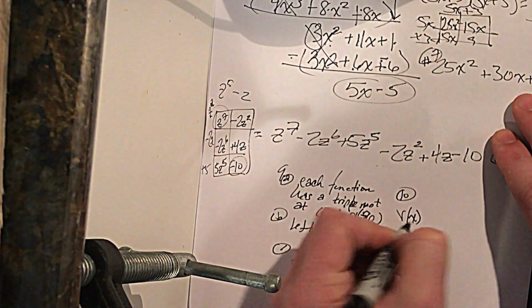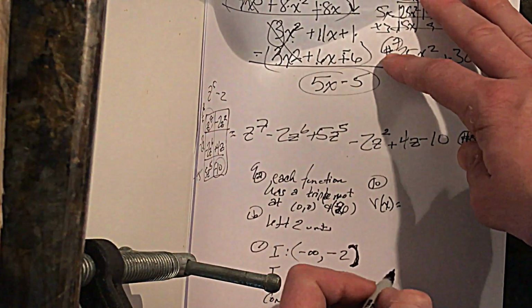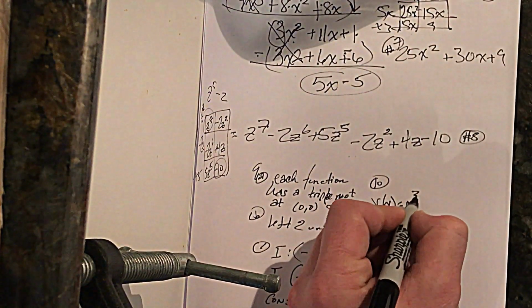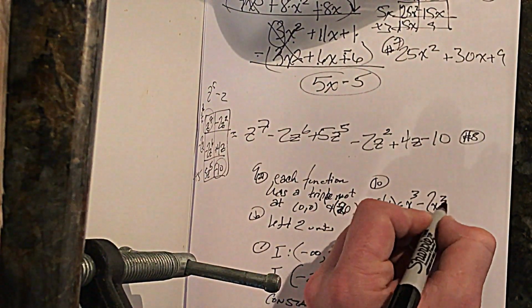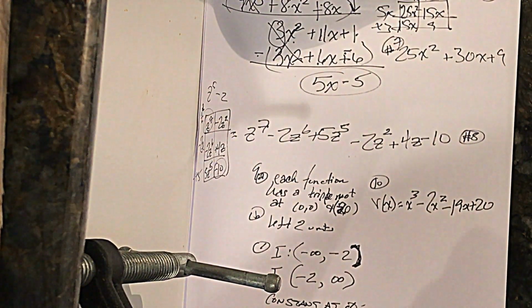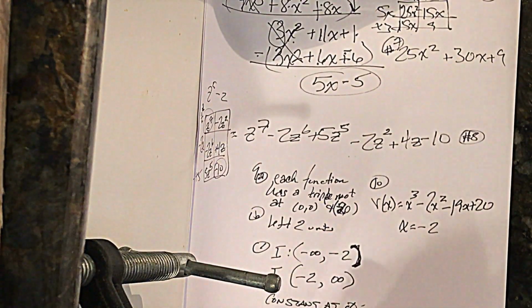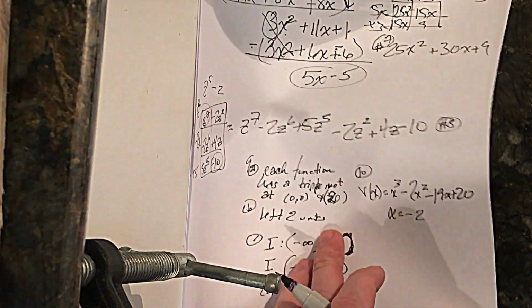Let me write out what they give us: x cubed minus 2x squared minus 19x plus 20. And they say, please prove that x equals negative 2 is not a possible zero.